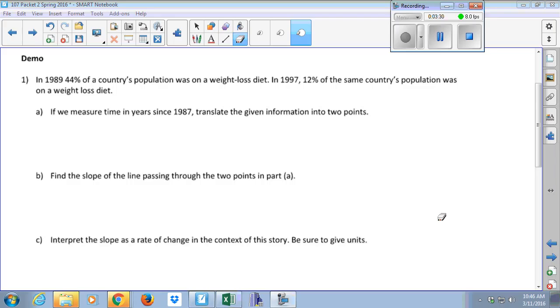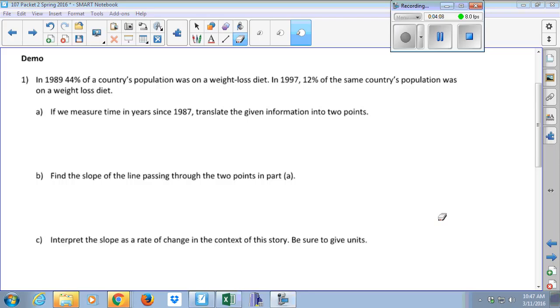Which of those numbers, 1989 and 44% and 1997 and 12%, do you think would fit along your horizontal axis and be out of our control? It's not dependent on anything else, I guess is the best way I can ask it. Jasper? The time. Whether it's 1989 or 1997 or 2015, you can't control that. Right? It's happening independent of us.